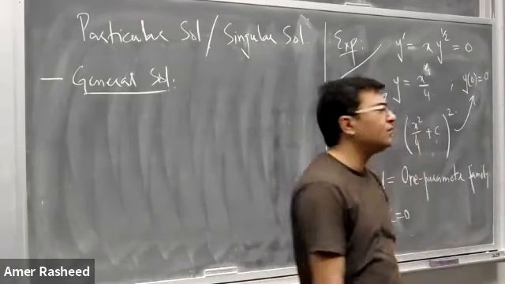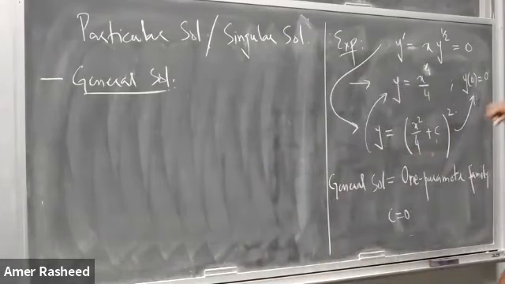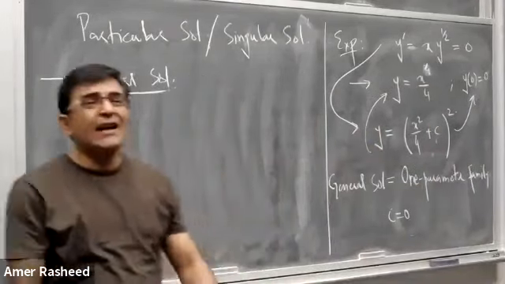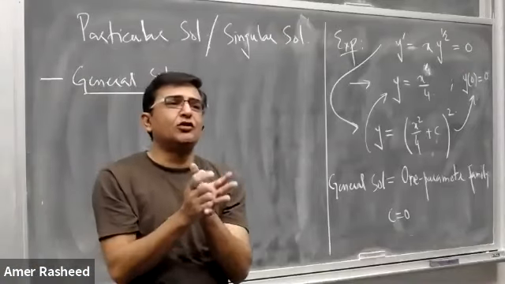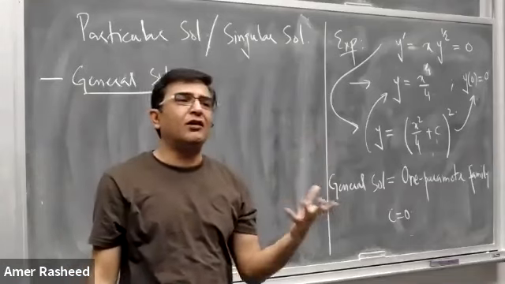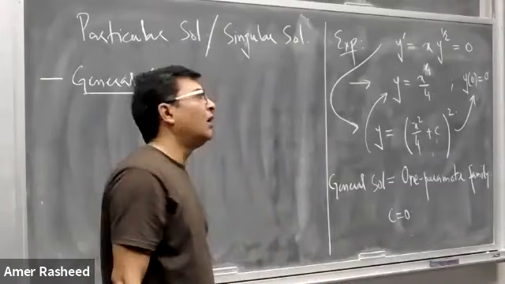I'm not sure of some example in my mind. Okay, it's not coming. I'll tell you later on. In general, a singular solution is a solution which cannot be obtained from the general solution by taking some particular value of c. Okay, that is a different kind of solution.